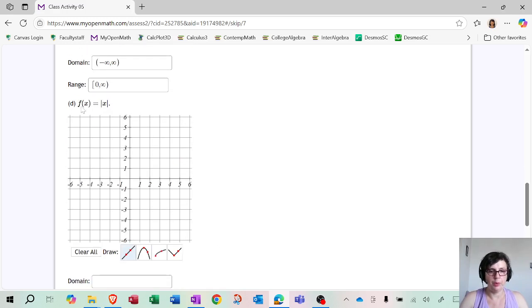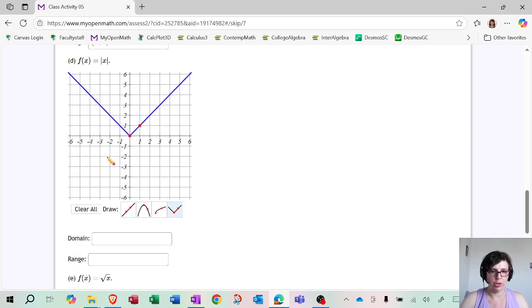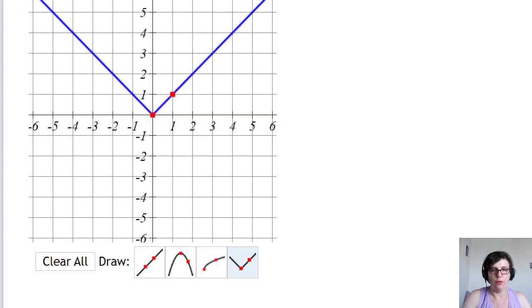Okay, for absolute value of x, this is your favorite V shape. So this one right here, and it starts at (0, 0), it also goes through (1, 1). Now let's look at the domain and range. This is going to be very similar to what we looked at for x squared. So looks like the domain is really all real numbers.